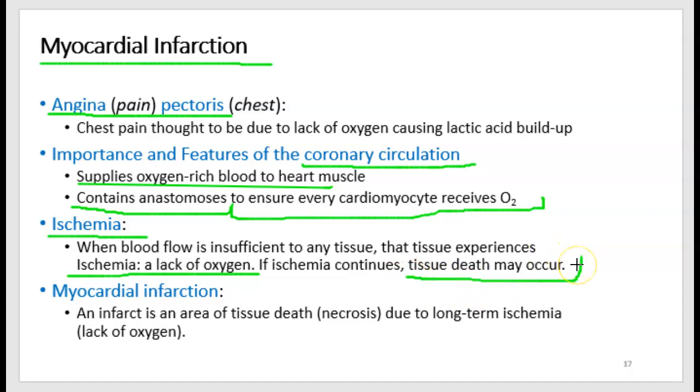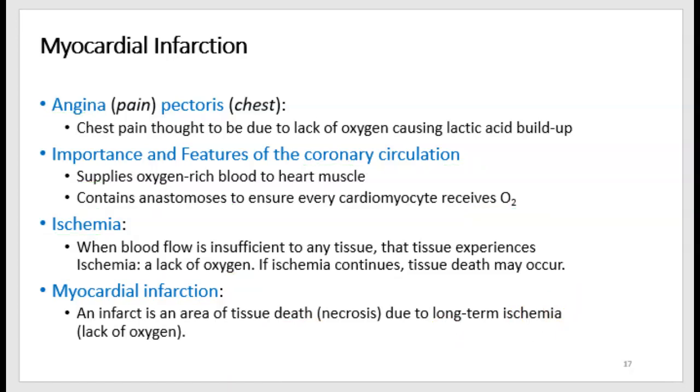The term for tissue death is necrosis, although I don't think that's in your study questions. So if you have part of the heart that has died or become necrotic, then you can end up with an infarct. An infarct is an area of tissue death due to long-term ischemia.